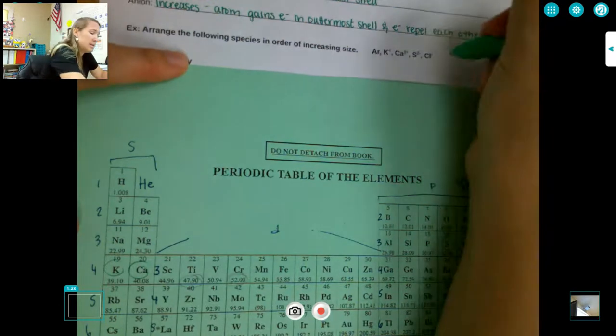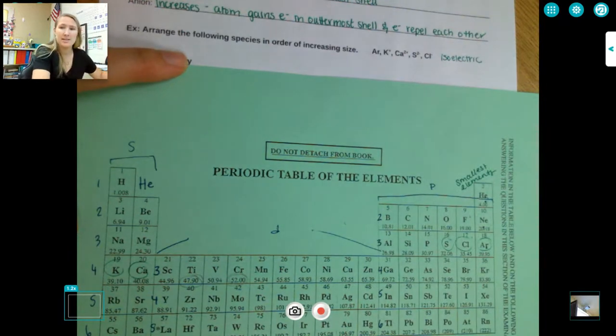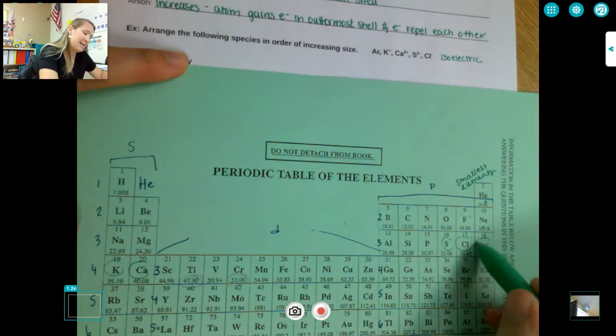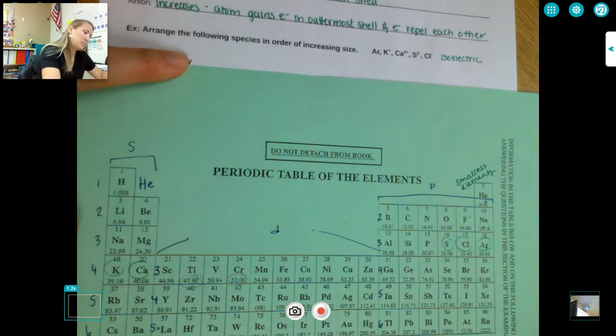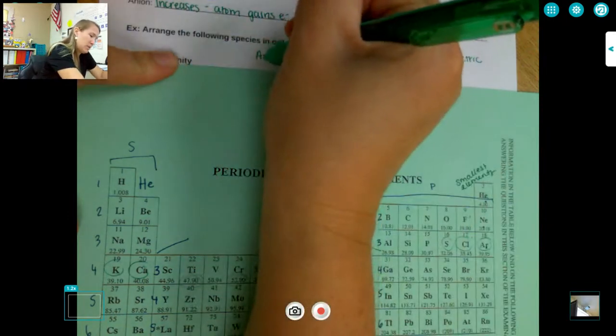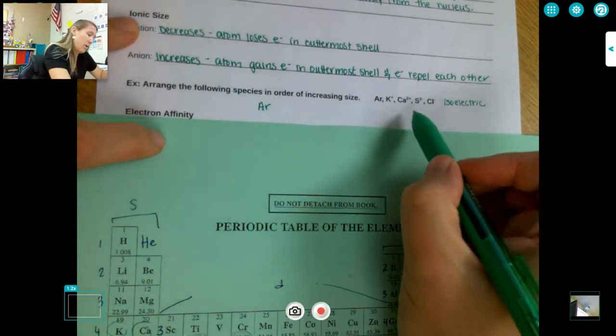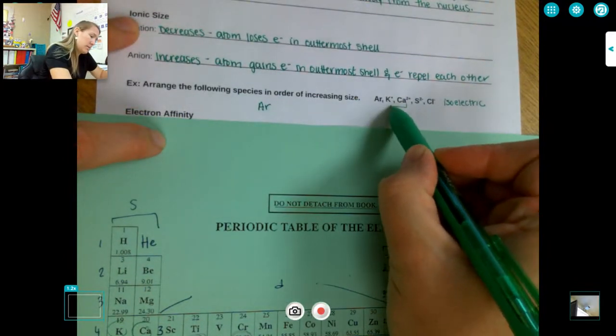So first we can see that these are isoelectronic. That's a word from the other day, meaning that they have the same number of electrons, right? They all have 18 electrons like argon. We know that argon's going to be in the middle because it is neutral. We know that our cations are small, so these are going to be smaller.